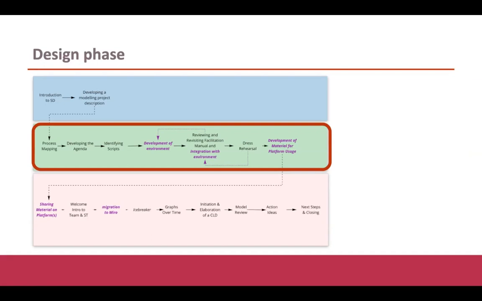We want to note that during the overall workshop design process, there were many iterations among these steps, along with repeated meetings with the modeling team to rehearse and improve the structure of the workshop after we migrated to Miro.